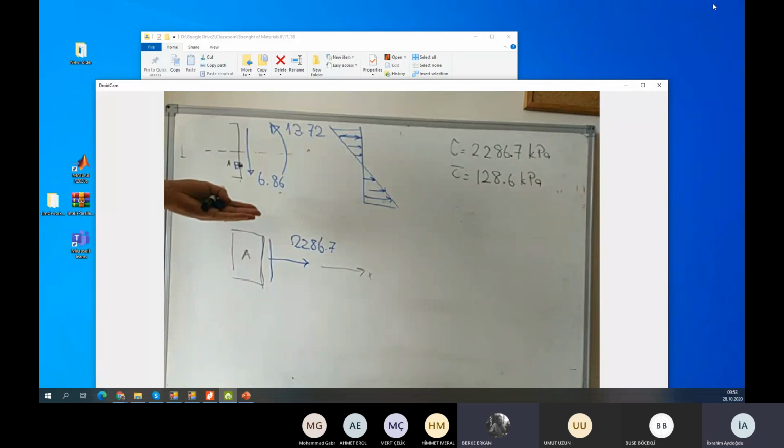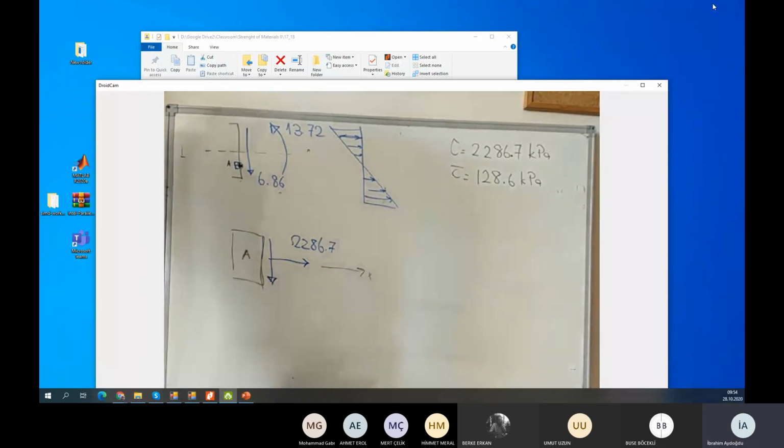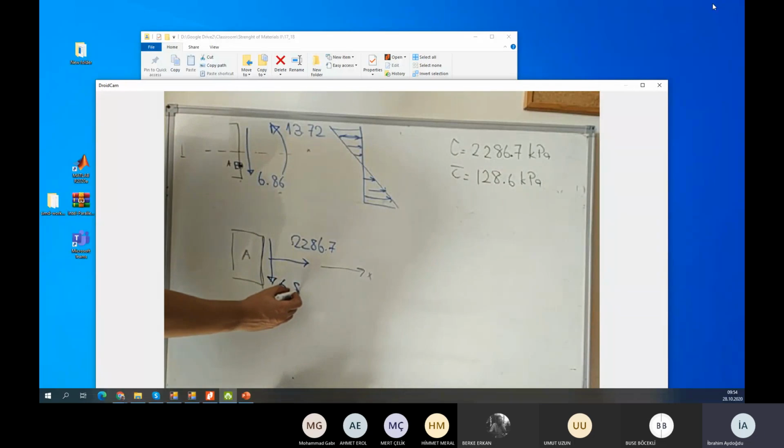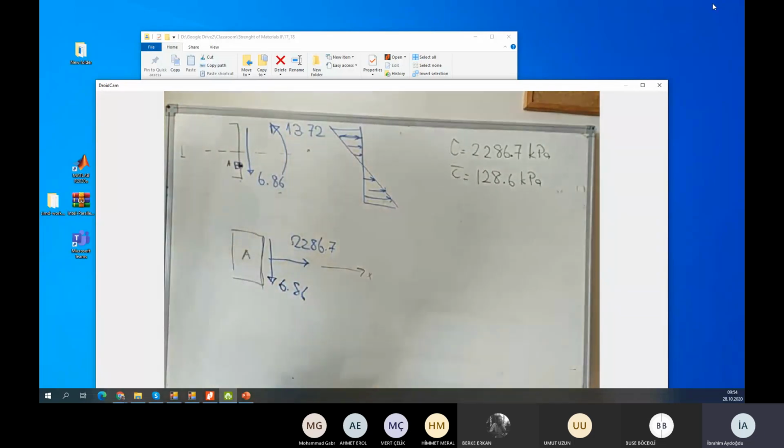You can see the direction of the shear force is down direction, so shear stress should be down direction. Okay, so this value is 6.6. After using this value, I can write the other shear force direction also like this.